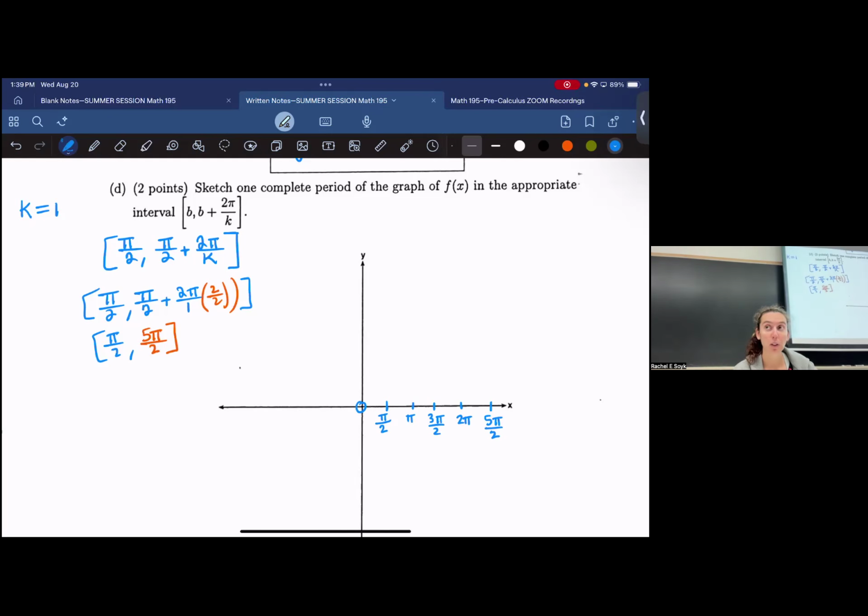And then create your table of values. You want to pick good values, and we just did. We just picked all of our x values here. We just need to evaluate them.